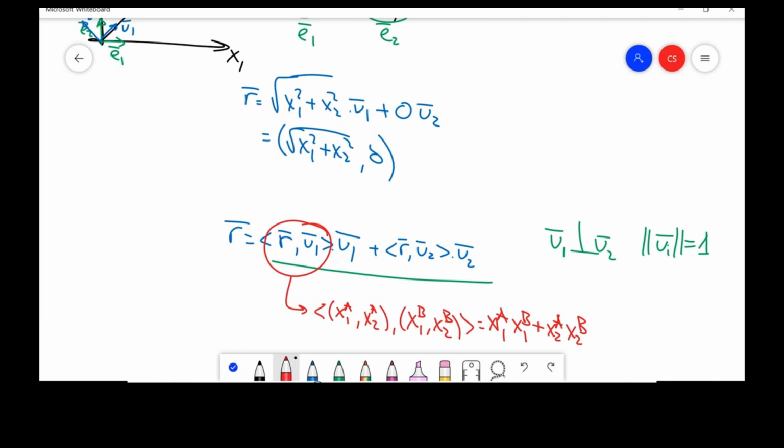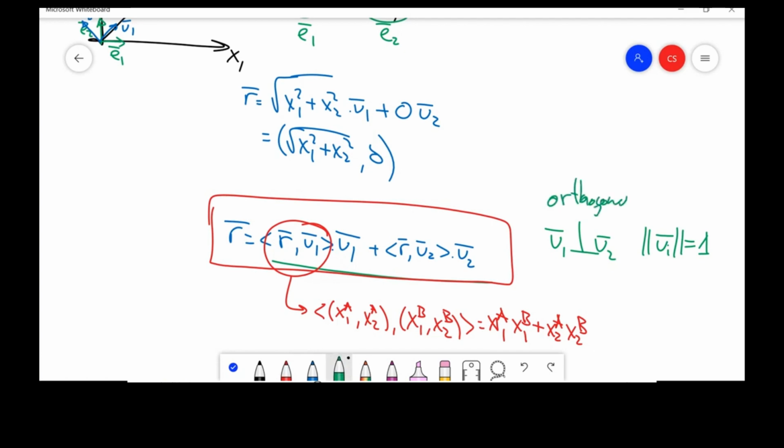So once you have defined the dot product, you can automatically determine the coordinates of a vector in any arbitrary basis, as long as your basis is orthogonal and unitary.